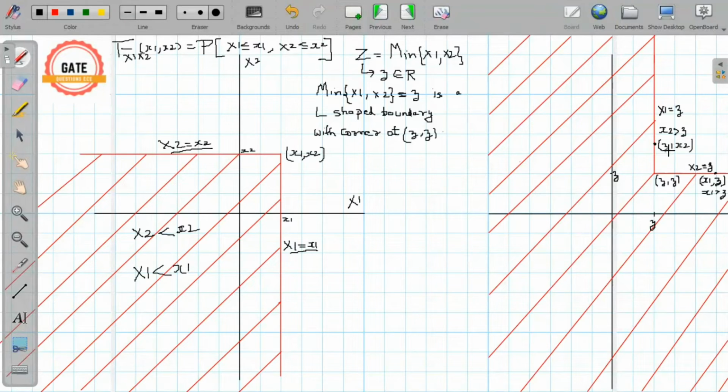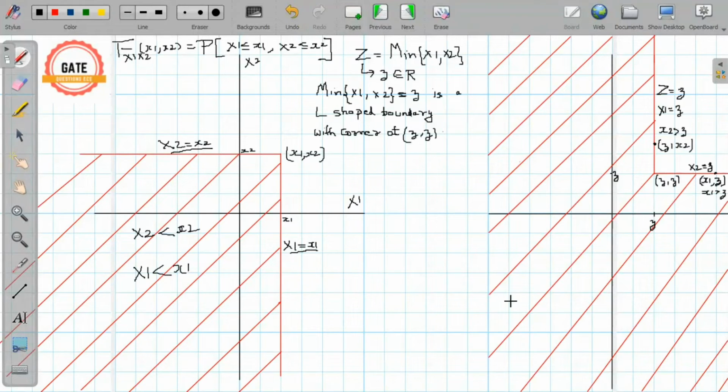So the minimum among x1, x2 for all the points here will be z. So for all the points lying on this L section, capital Z will be equal to small z. What is capital Z? It's minimum x1, x2. So minimum x1, x2 will be equal to z for this L-shaped boundary.